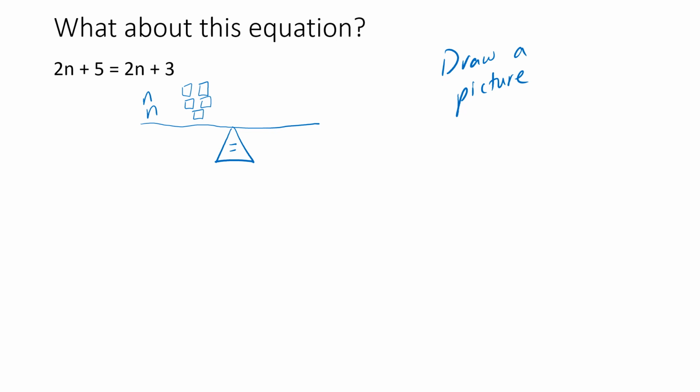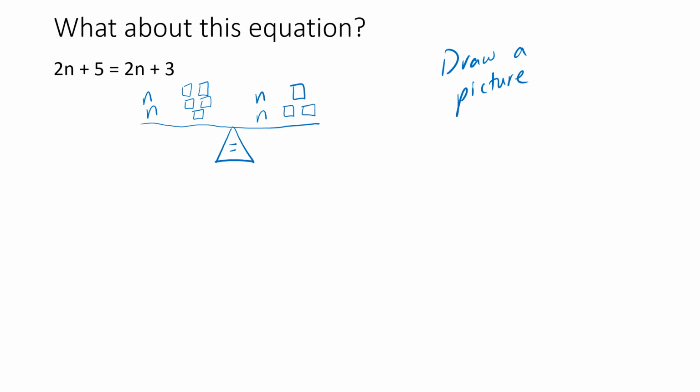So that's on the left side of my equal sign. And on the right side, I also have 2 n's, but over here, I only have 3 of those little blocks. Now, as you're looking at the picture, remembering that this is supposed to be balanced, this should seem weird to you.